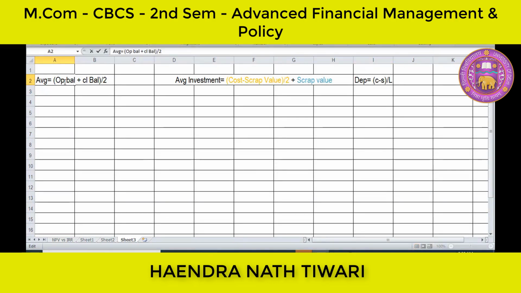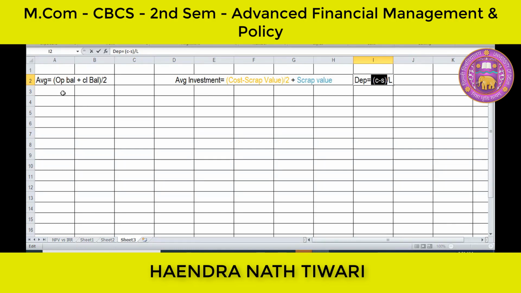Acha, at the end of the year, what will be the balance of this portion? This is depreciable, which will be fully depreciated to 0. So closing value will be equal to 0.